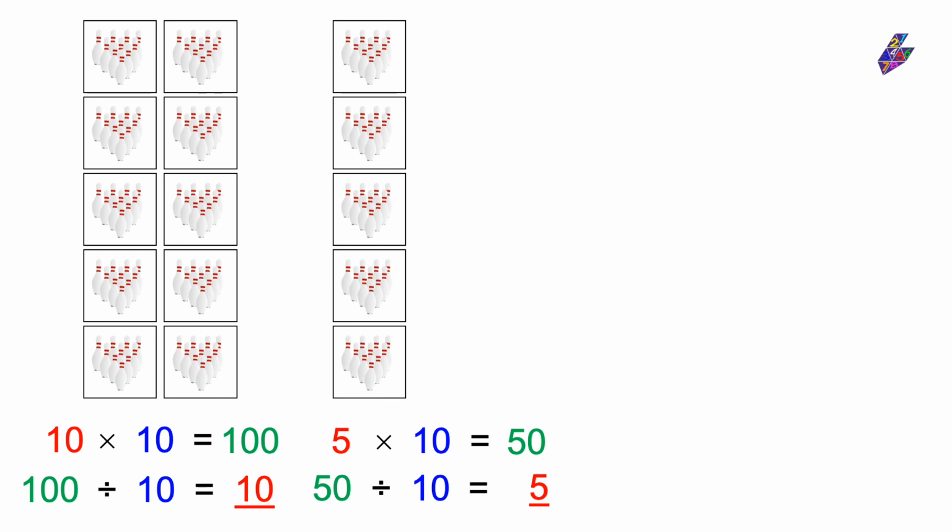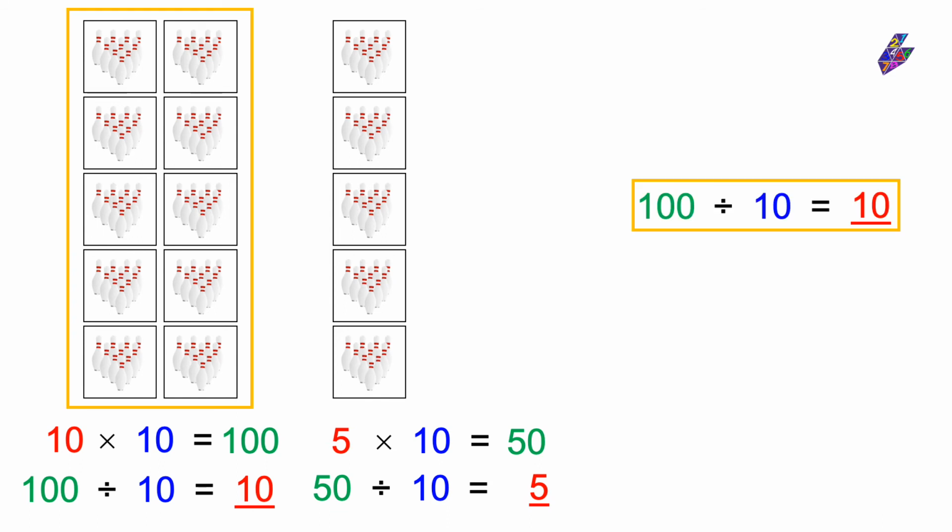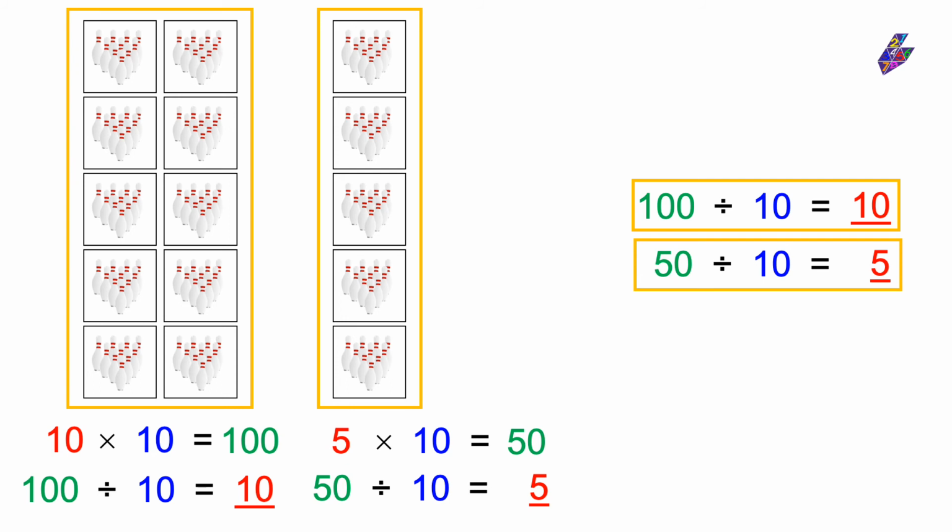If we try to put all that information together to think about what that might look like as an equation with a division symbol, it looks like this. We know that 100 bowling pins divided into groups of 10 created 10 lanes. 100 divided by 10 equals 10. We know that 50 bowling pins divided into groups of 10 created 5 lanes. 50 divided by 10 equals 5.